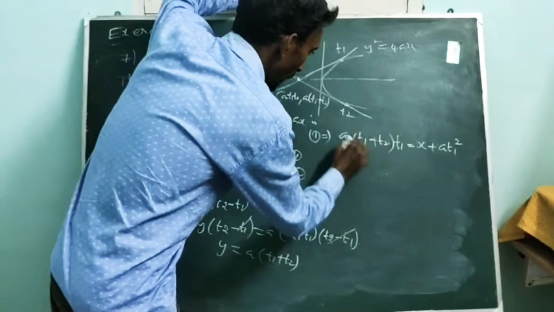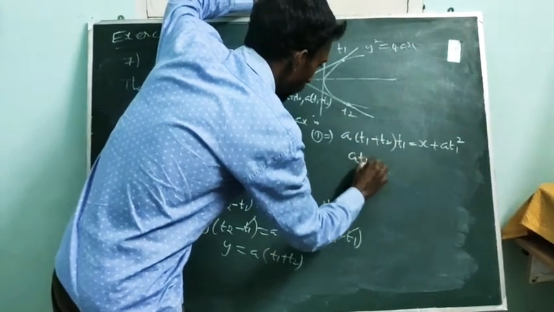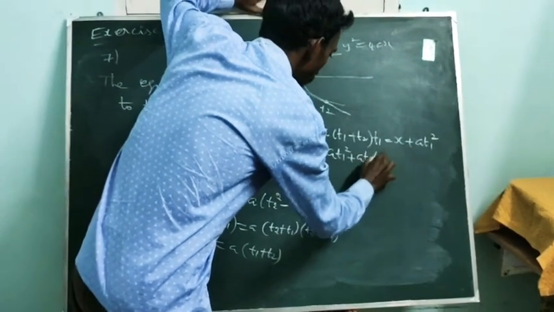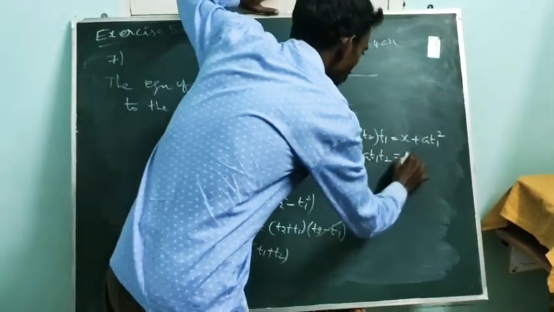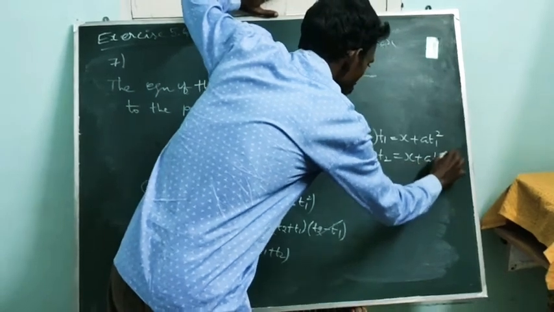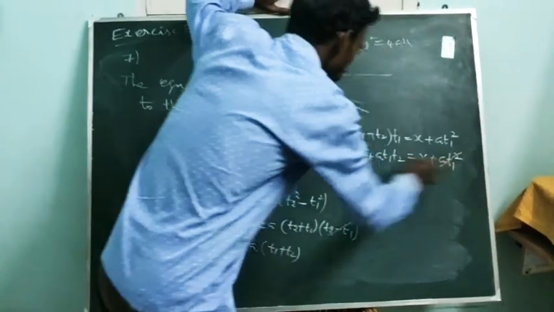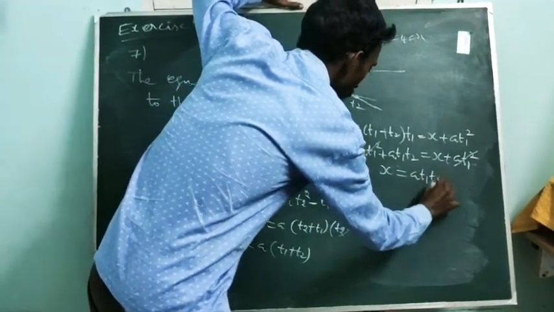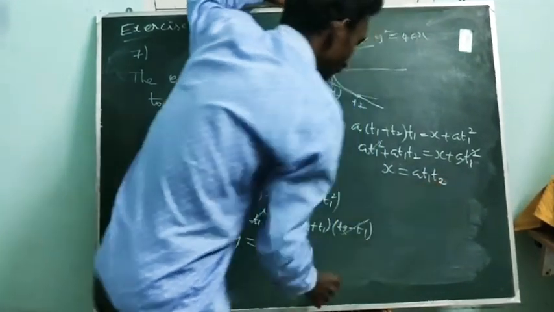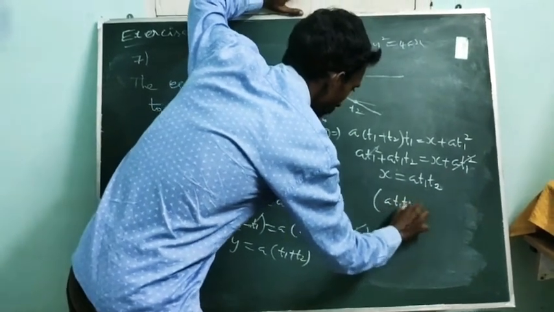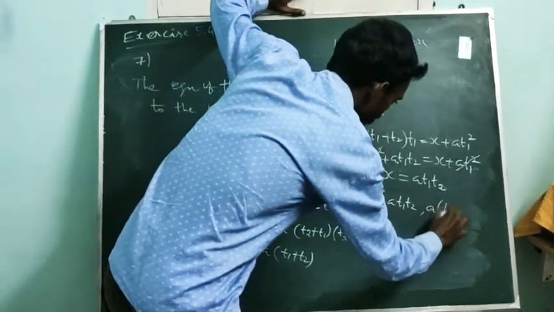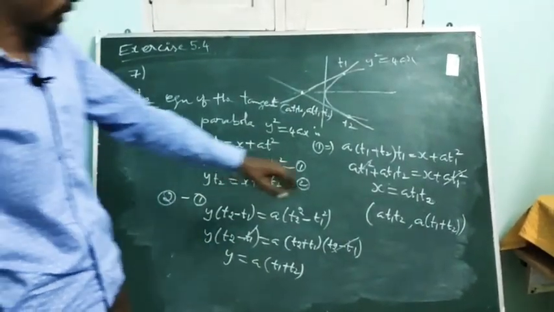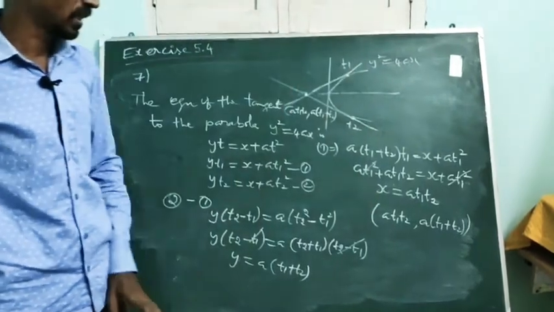So a t1 into t1 is a t1 square, plus a t1 t2 equal to x plus a t1 square. So cancel. So x equal to a t1 t2. So x equal to a t1 t2 and y is a into t1 plus t2. That is our aim. So our aim is to prove this is the point of intersection of the tangents.